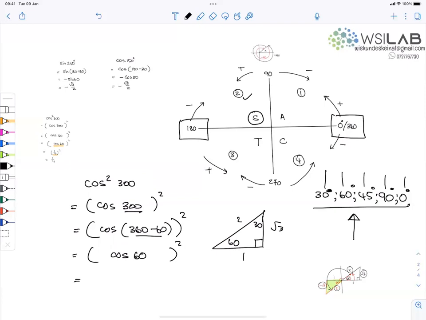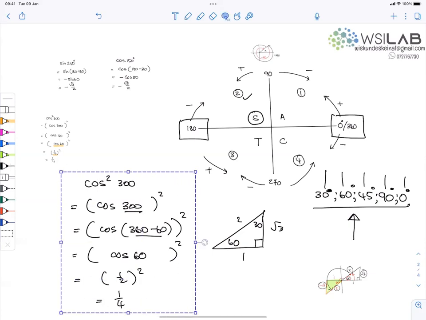If I put that into my special triangle, I get a half squared, and that is a quarter. Make a note of any one of those 2 methods. Okay, I got it down. Would you have 1 or 2 more of these elementary ones?